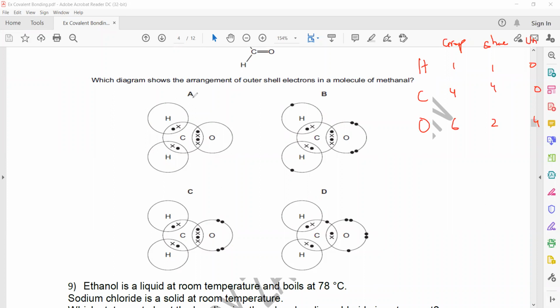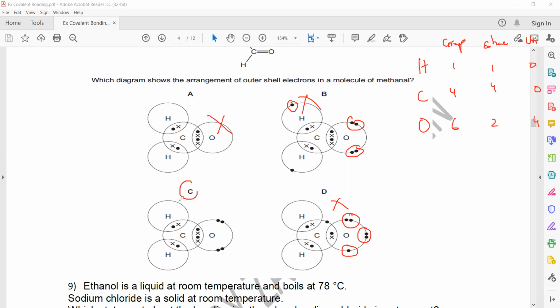When we check A, oxygen does not have any unshared electrons, so it cannot be A. When we check B, oxygen has 4 unshared electrons, but hydrogen should not have any unshared and it has 1, so it cannot be B. When we check option D, oxygen has 5 unshared electrons, 1, 2, 3, 4, 5, but it should be 4, so D cannot be the right answer.